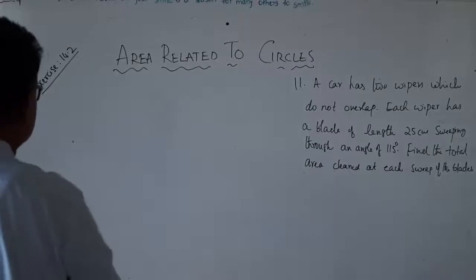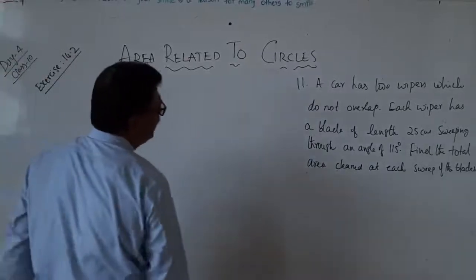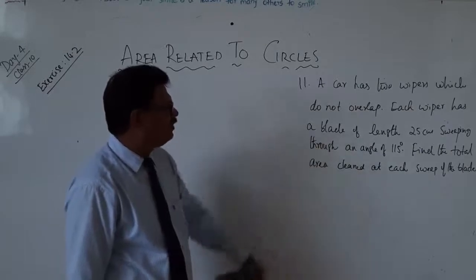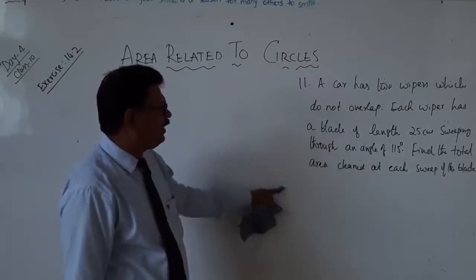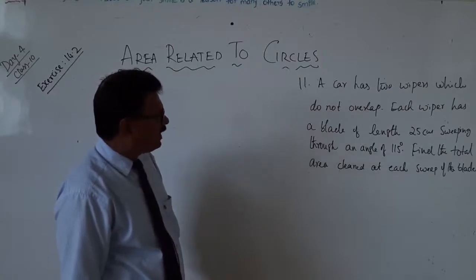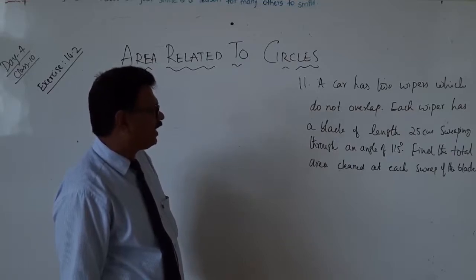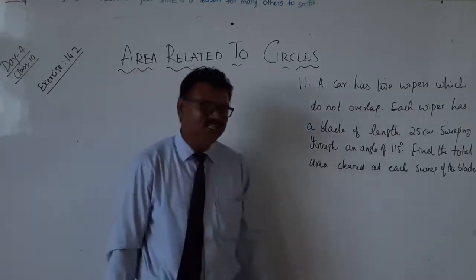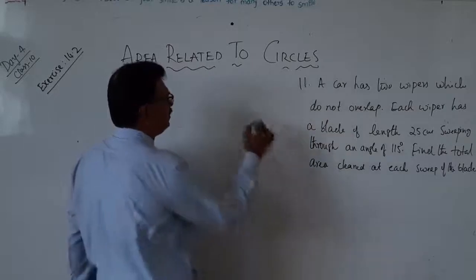Yes. See, one more problem. A car has two wipers which do not overlap. Each wiper has a blade of length 25 centimeters sweeping through an angle of 115 degrees. Find the total area cleaned at each sweep of the blades. Did you see a car? Yes.